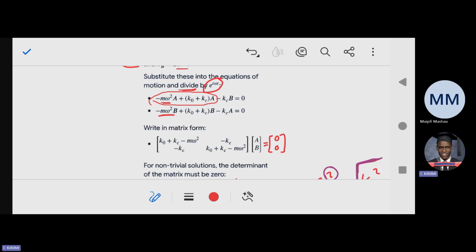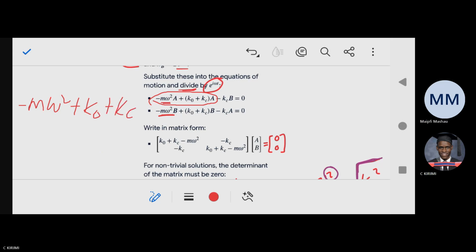It will be minus M omega squared, and then plus K naught plus Kc. No, the B? No, only A for now. Plus K naught plus Kc.